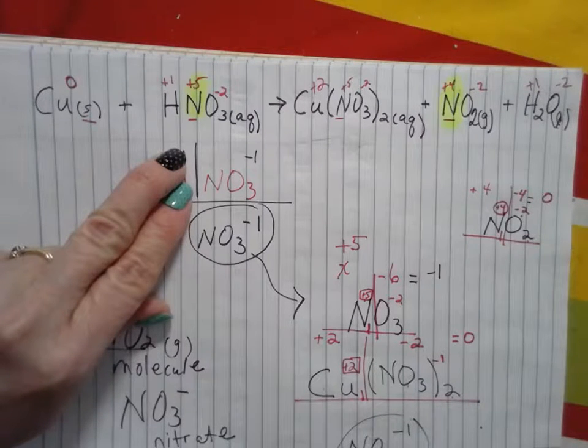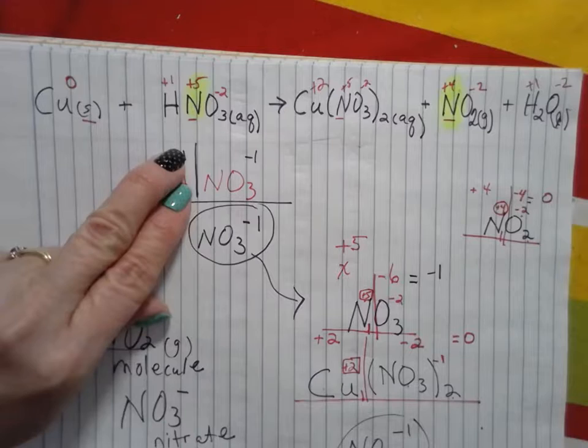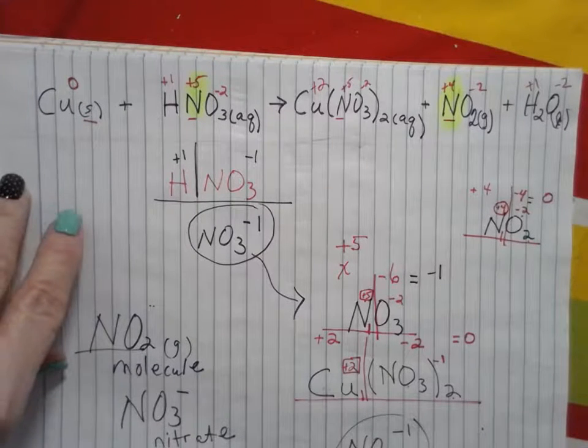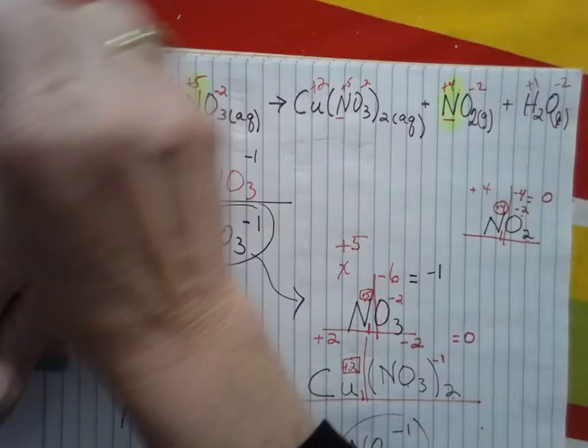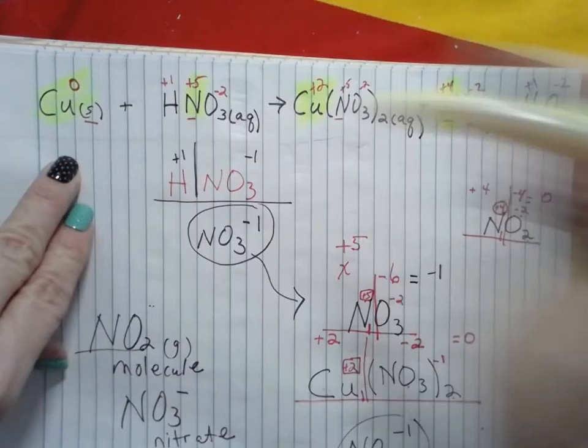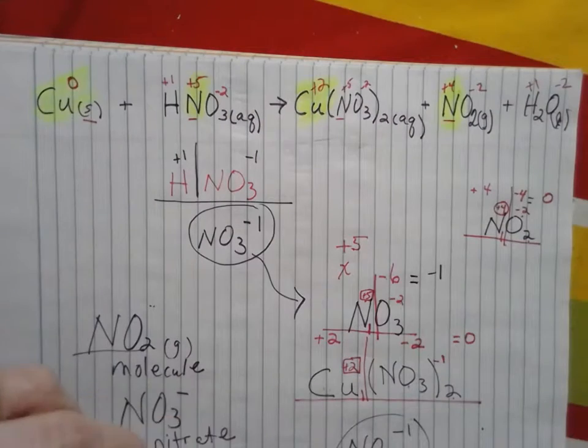That's reduced because it becomes less positive. It's gaining. This one goes from a 0 to a +2, so that means it's oxidized. That means it's losing electrons.